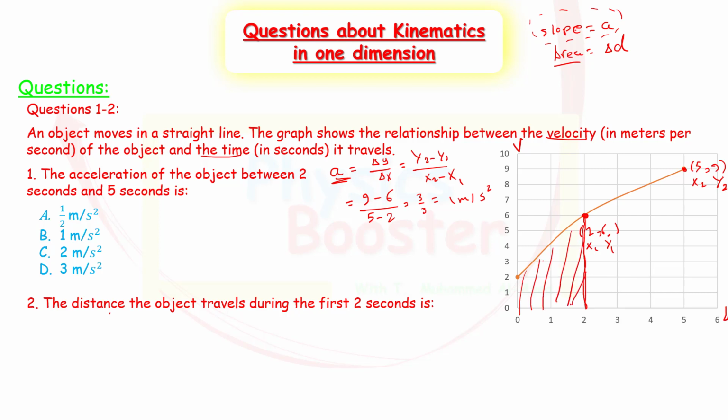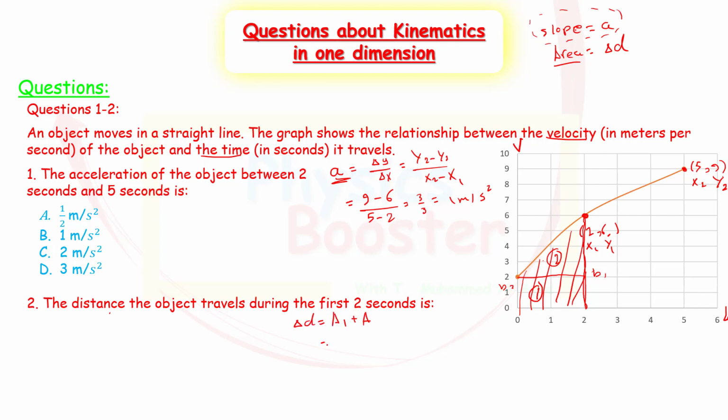How can I find it? Well, I can use a triangle and a rectangle, or I can use a trapezoid where this is the first base and this is the second base. But for simplicity, I'm going to use a rectangle and a triangle. Let's call this area 1 and this area 2. The displacement is going to be area 1 plus area 2.